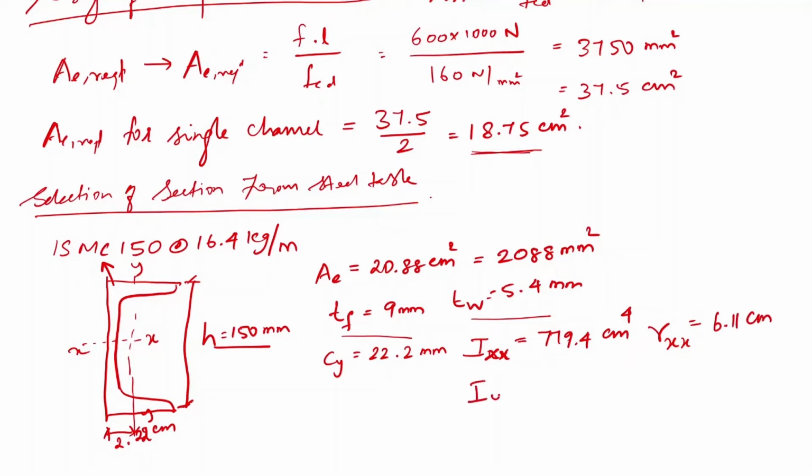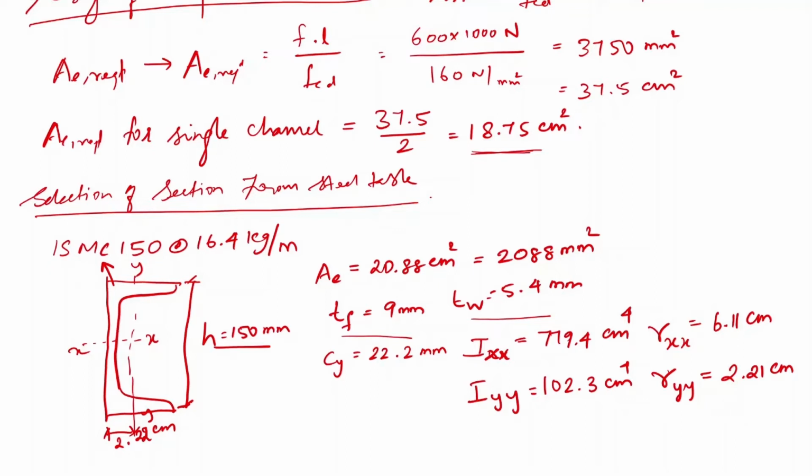Moment of inertia about the minor axis small yy is 102.3 centimeter to the power 4, and radius of gyration about the minor axis small yy is 2.21 centimeter. These are all the data required for our numerical, which I took from the steel tables.